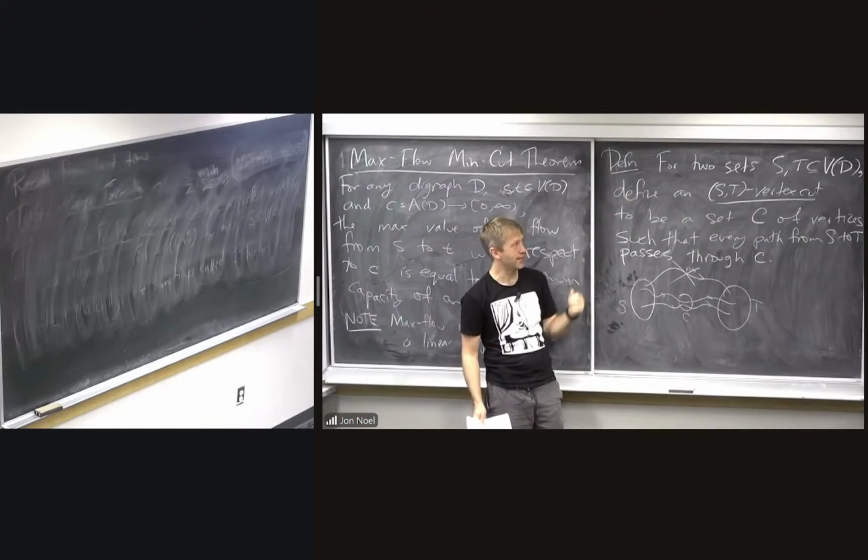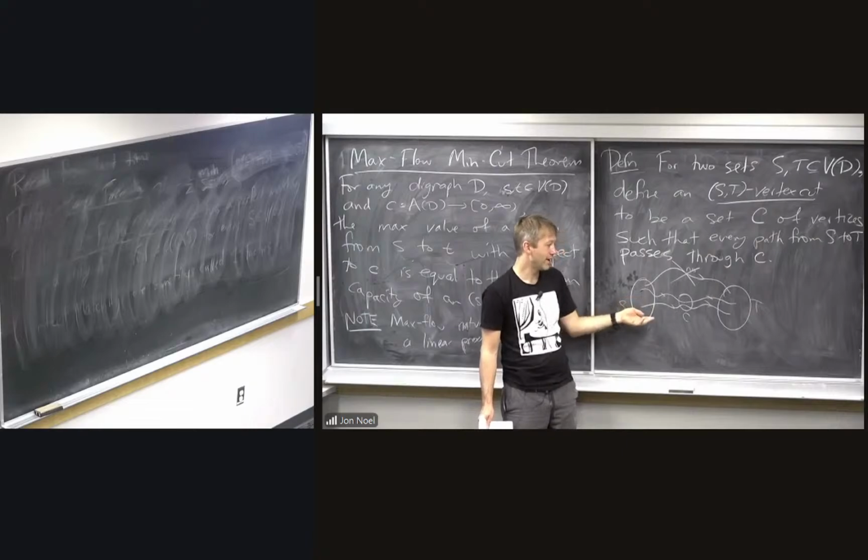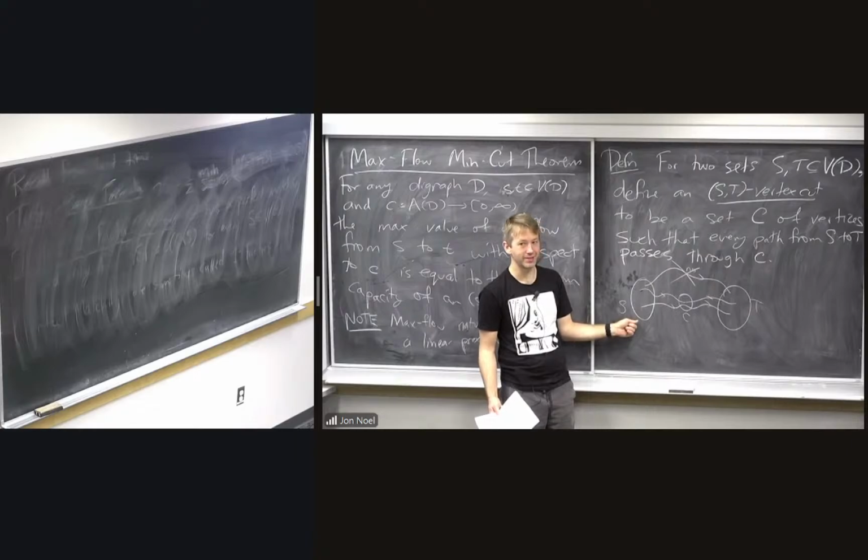These are just any two sets, S and T. They could be the same set. So for example, if I let C equal S, that set C would be an ST vertex cut because every path from S to T goes through S because it starts in S.